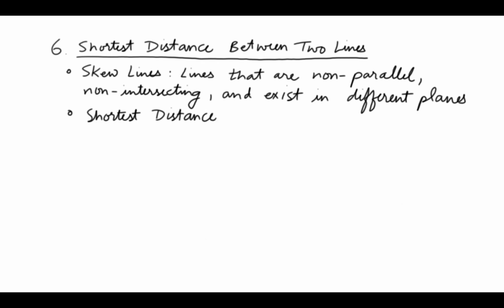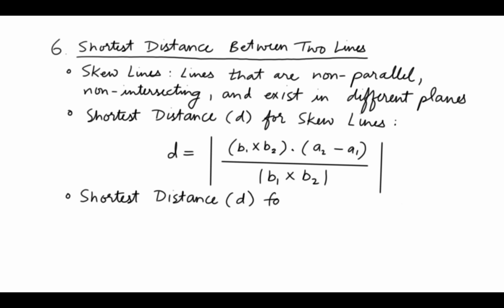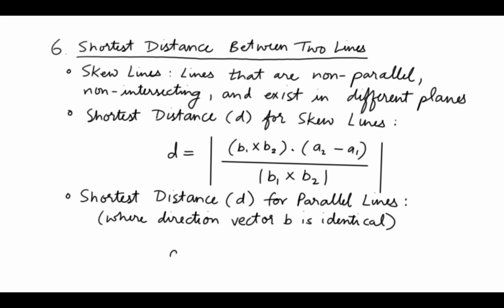The shortest distance between two skew lines is measured along a segment that drops perfectly perpendicular to both paths at the same time. We compute this mathematically by evaluating the cross product of their trajectories, dotting it with the displacement vector between their anchors and normalizing it.